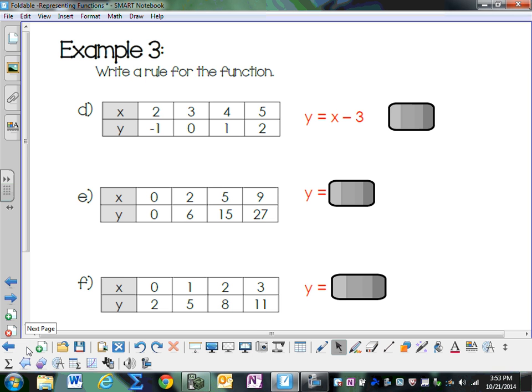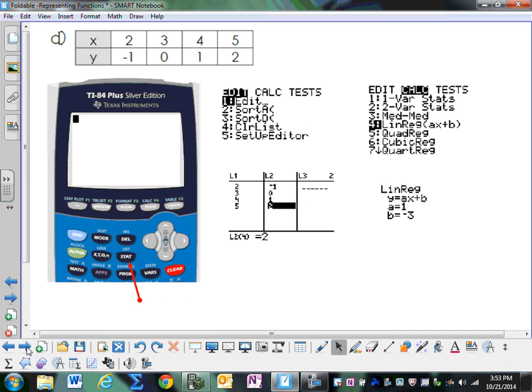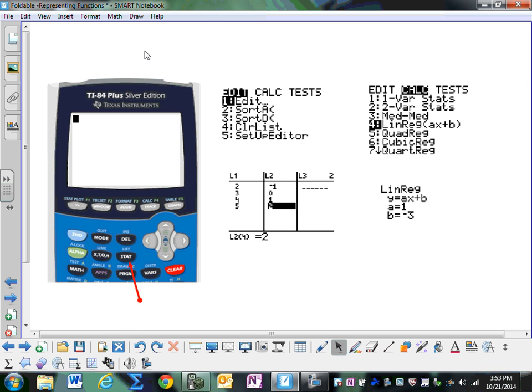So go ahead and do E. And remember that you're going to be entering this stat, edit, enter your list, calculate the linear regression.